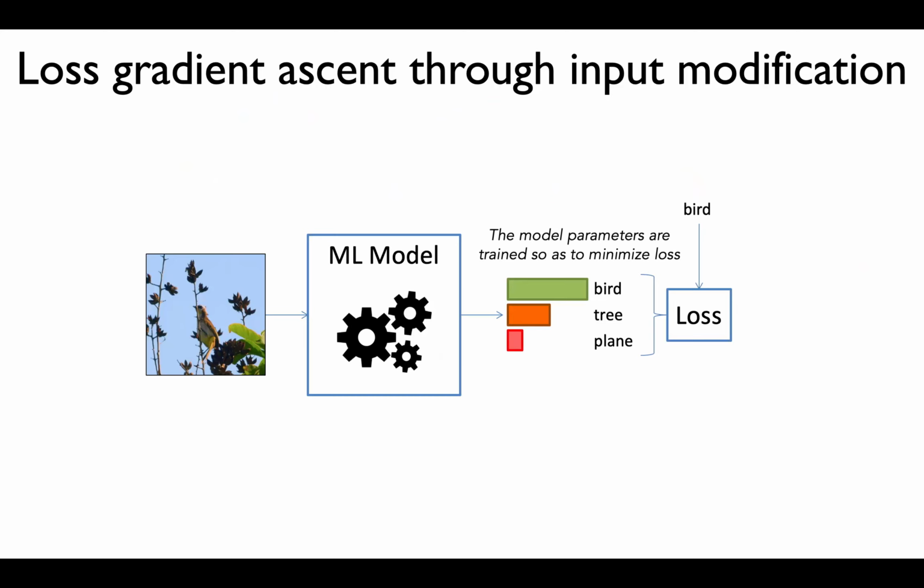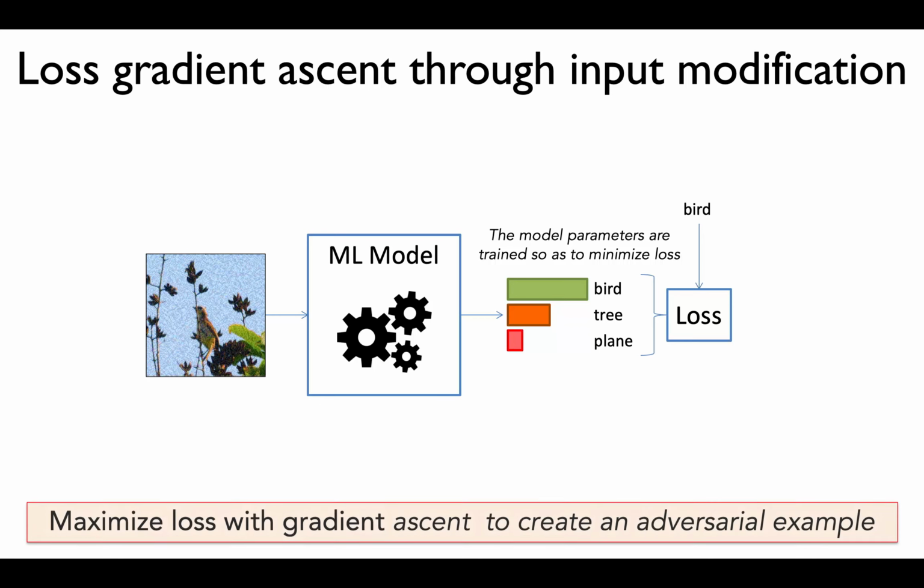So let me show you an example of this. We are giving an example of a bird to a machine learning model. The model parameters are trained so as to minimize loss, so it will correctly figure this out as a bird. If we are interested in maximizing the loss with gradient ascent to create an adversarial example, we will modify the input.